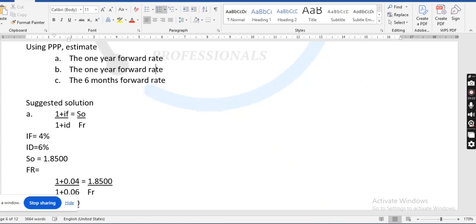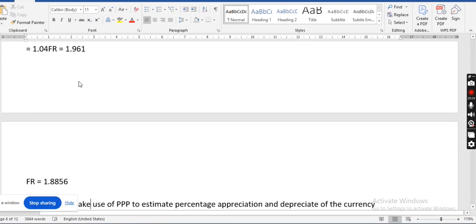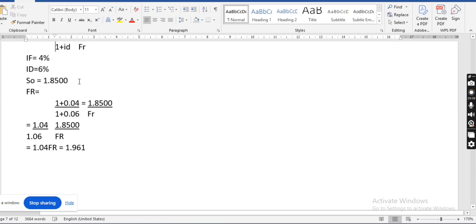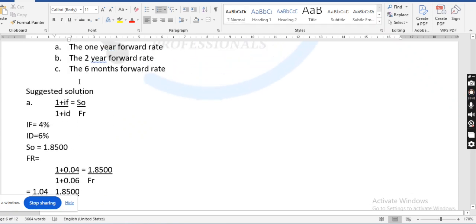We'll set the question for ourselves. So 2-year forward rate. How do we determine this 2-year forward rate? Because it has to be raised to power of 2, because it is 2 years. The reason why we did not raise to power of this is because this is just a year. Is that not so?